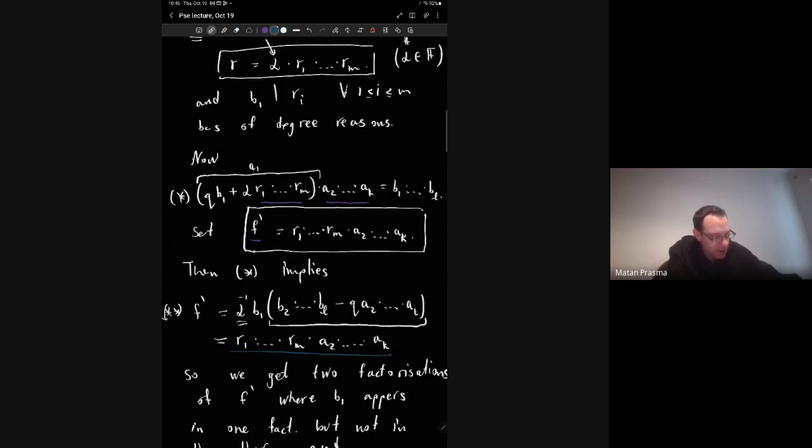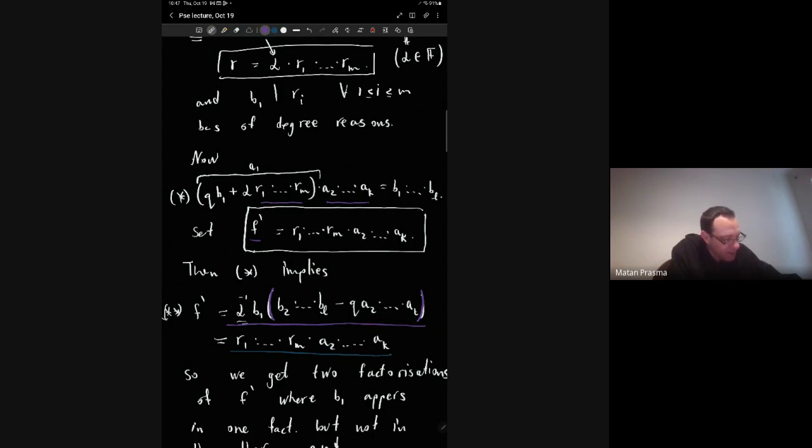The purple part you could also express as a product of prime polynomials. You take whatever is in the brackets and you factorize it into a product of prime polynomials. What you will get is some constant alpha minus 1 times B1 times some product of possibly non-monic polynomials.